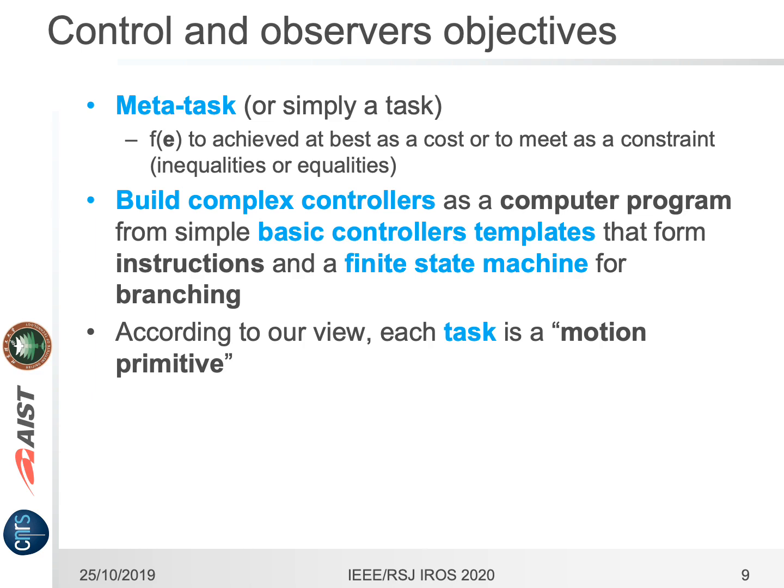Then we build complex controllers as a computer program, that is to say, from simple basic controller templates that form instructions and a finite state machine for branching. According to our view, each task is a motion primitive under constraint.